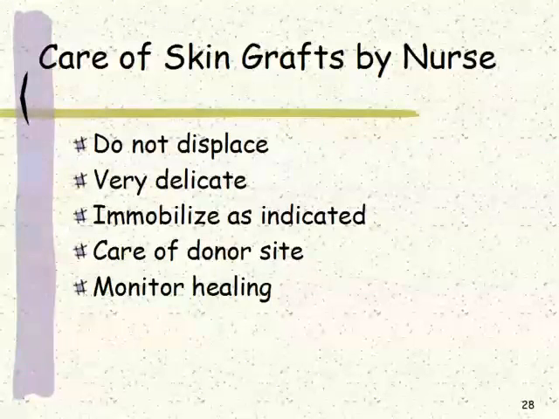If there is fluid accumulation, the fluid can be aspirated by putting a needle down in that area, or by rolling the area with a cotton tip to drain off some of the fluid. And the graft dressings, of course, are removed very carefully so that the skin graft is not dislodged or shifted or moved.